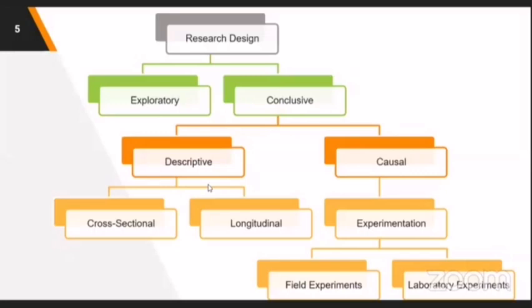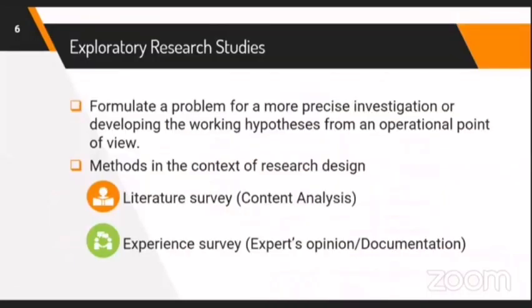First, the exploratory research studies. As I mentioned, from the College of Arts and Sciences, from Teachers Education, and maybe some from the satellite campus are engaged in this kind of study. The exploratory is also known as the formulative research study, wherein sampling is less.